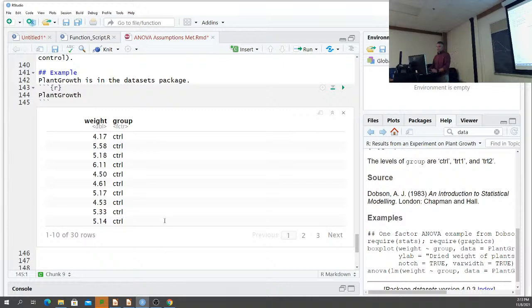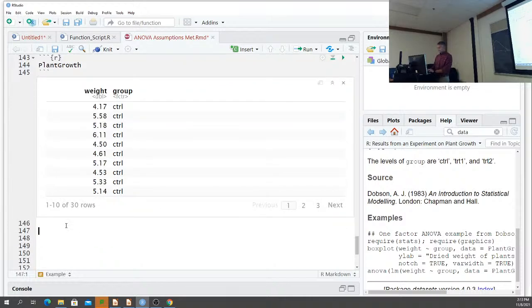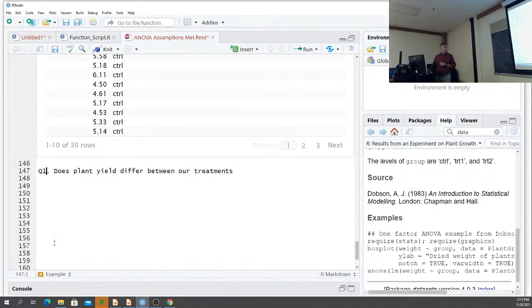So what we're going to do is I'm going to create this question. Does plant yield differ between our treatments? That's going to be question 1. So I'll do Q1 for question 1.